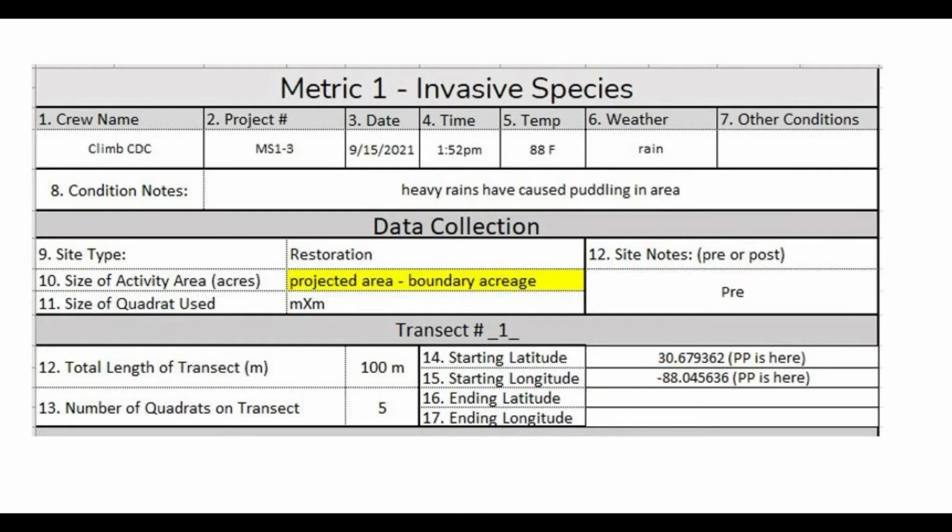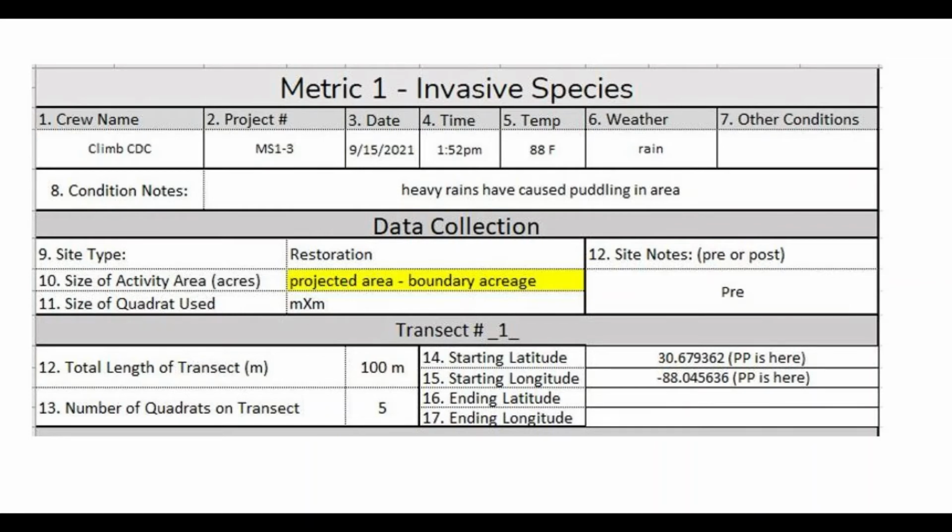Once we get to that first plot, we're going to want to pull out that data sheet and start taking notes, filling in the basic information up above of the conditions around you, the time, the date, and what crew you're serving on, and the project location. The site type is always going to be restoration, unless you're doing a Sentinel activity.